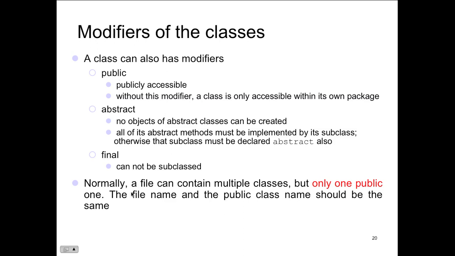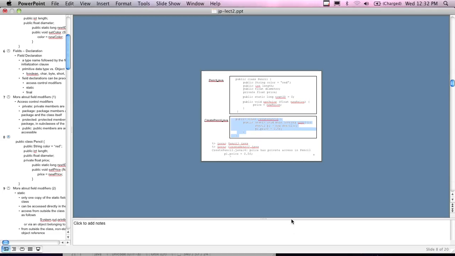And the note on the bottom: normally a file can contain multiple classes, but only one public one. That was wrong, as we actually saw when we had two public ones. We just did it earlier. The file name and the public class name should be the same, theoretically. You're only supposed to put one public class in a file, for good programming practice, although the rules get broken all the time.